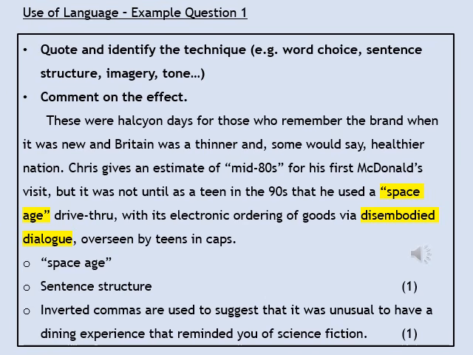By writing down 'space age' with the inverted commas there, and indicating the technique that's being used to give a certain effect, I've written those two things down for my first 2 bullet points and therefore gotten 1 mark. For my final bullet point, and accordingly my final mark, I've said that inverted commas are used to suggest that it was unusual to have a dining experience that reminded you of science fiction.